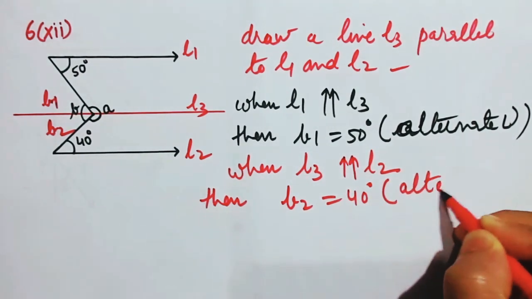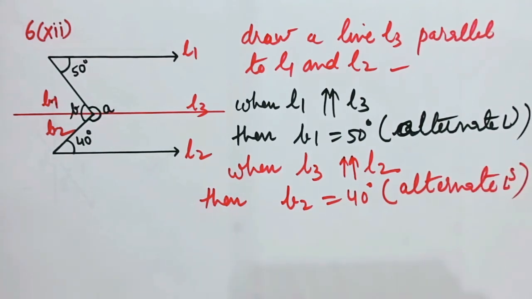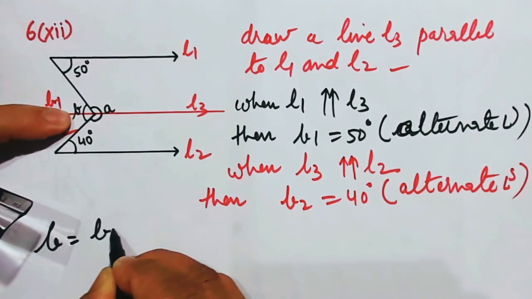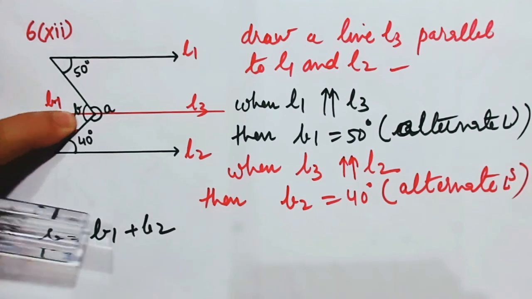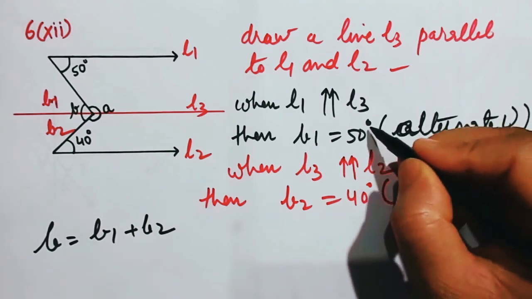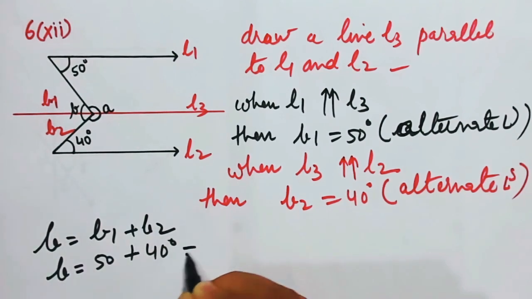They are also alternate angles. Good. This means I have found the value of B. B was B1 plus B2. My B1 was 50 degree and B2 was 40 degree. Therefore B will be equal to 90 degree. Well done. So I easily found the value of B as 90 degree.